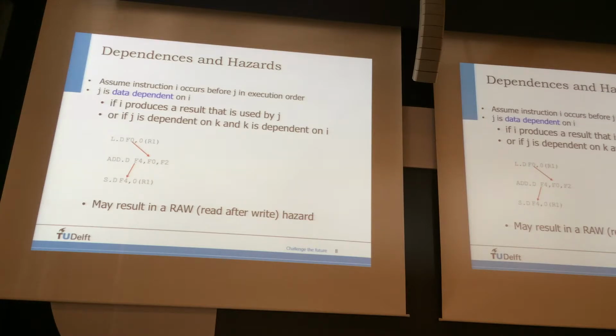Then, in this case, I have a real hazard, because if I change the order, this may result in a read after write hazard. Then I am changing the order of the execution, and then I'm processing the wrong data. This is a real dependency.